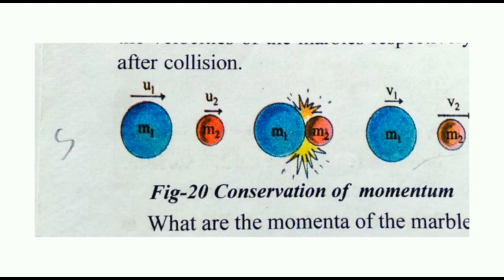Let two objects with masses m1 and m2 be traveling with different velocities u1 and u2 respectively, in the same direction along a straight line.